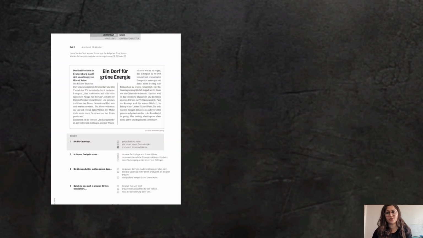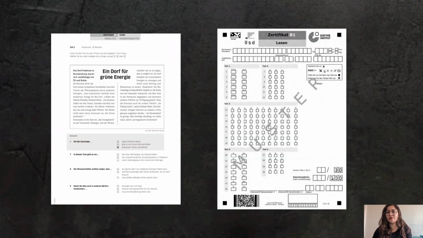Moving on to Lesen module, this is your question paper and this is your Antwortbogen. Now, in your Lesen module, you are allowed to mark the answers of the questions on your question paper. So I always recommend the students to first solve the questions on the question paper itself.